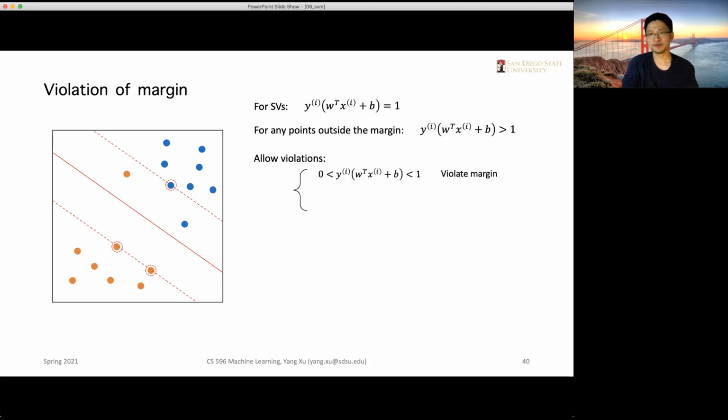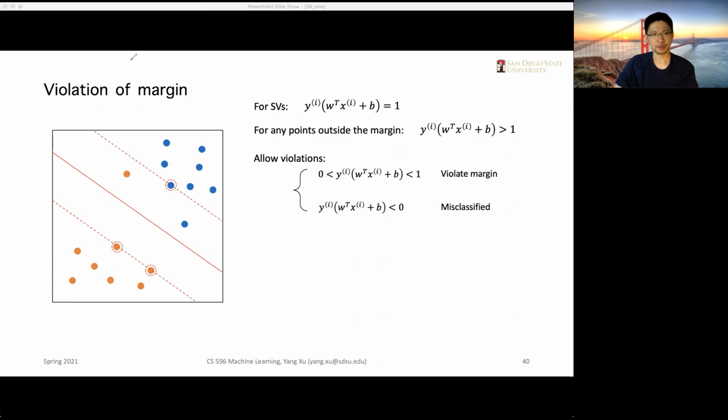The first kind of violation is the violation of the margin, which means y times the linear expression is still greater than 0, but smaller than 1. And the other violation is a misclassification. It's the opposite: y times the linear term is smaller than 0. Of course the misclassification is a more serious mistake.